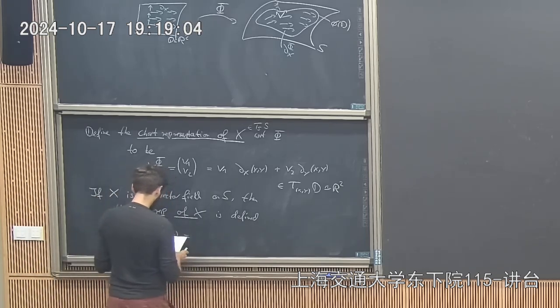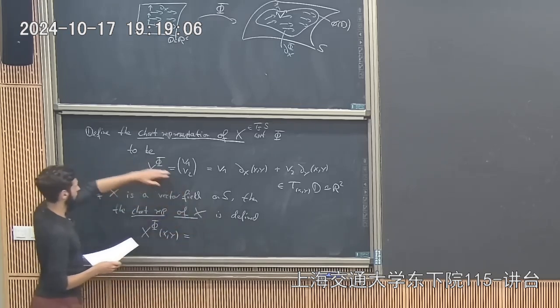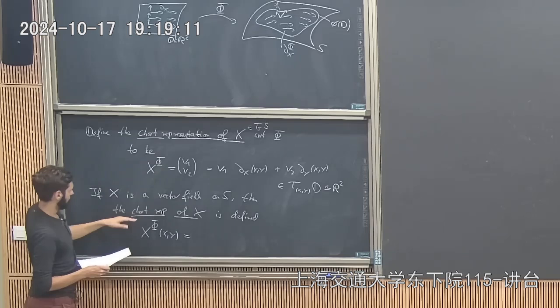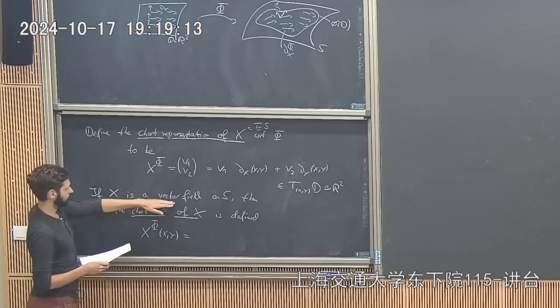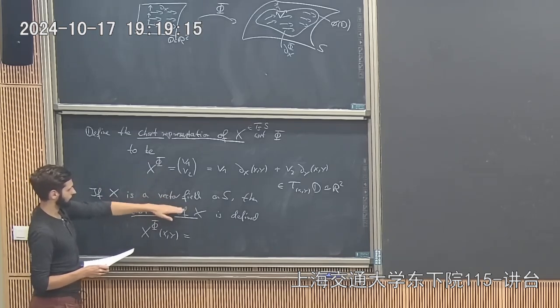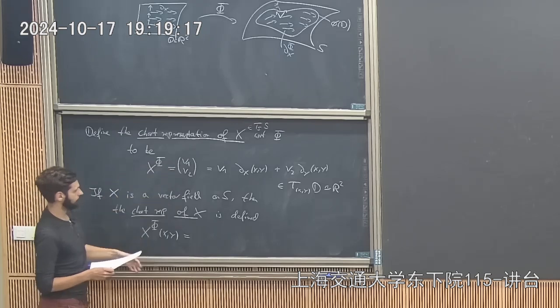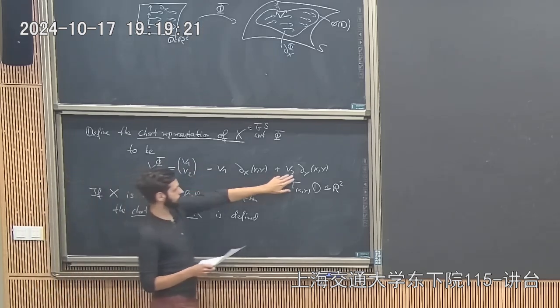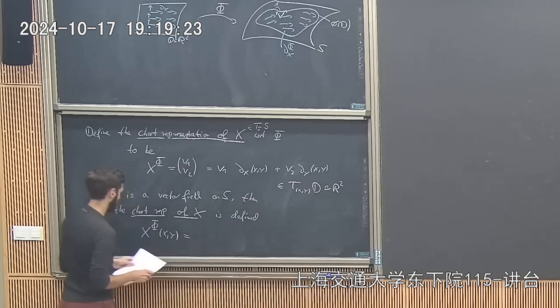And we can do this strategy for every point, for every tangent vector X_s at s, and then we get v1 and v2, which now depend on the point.